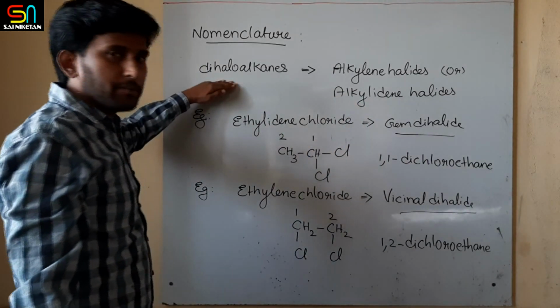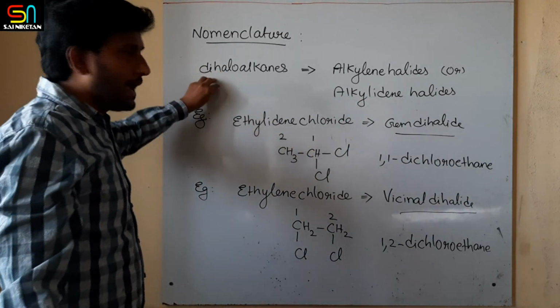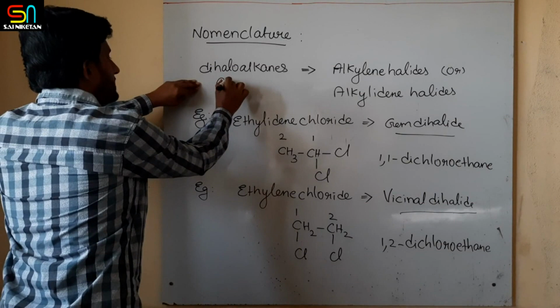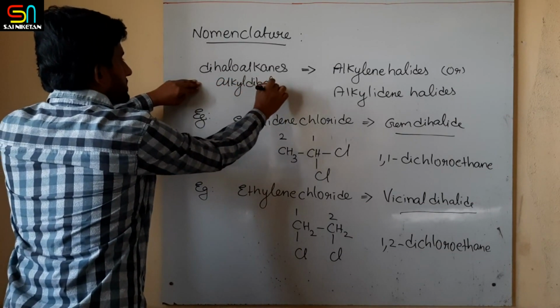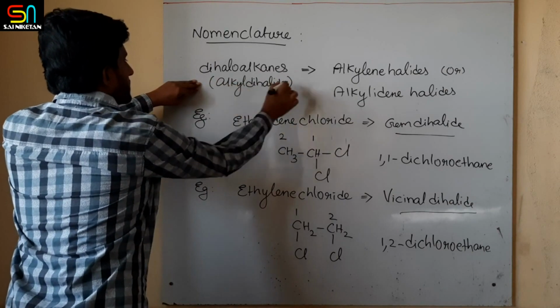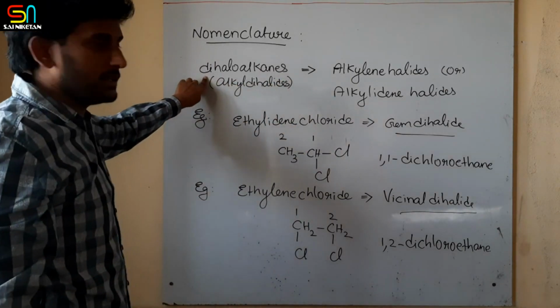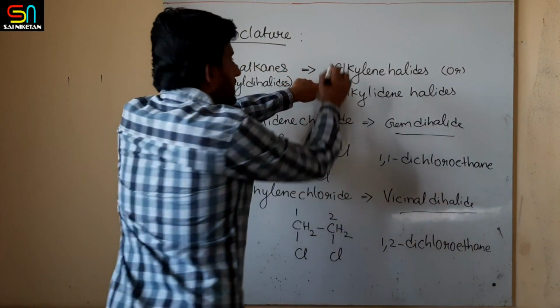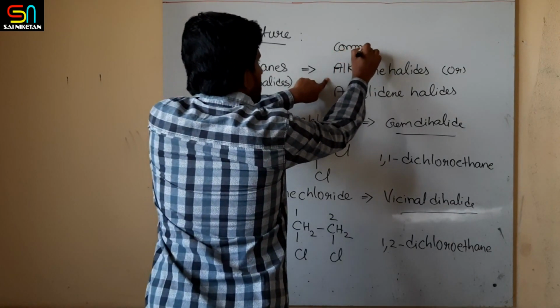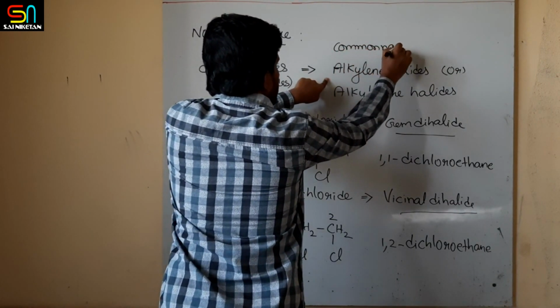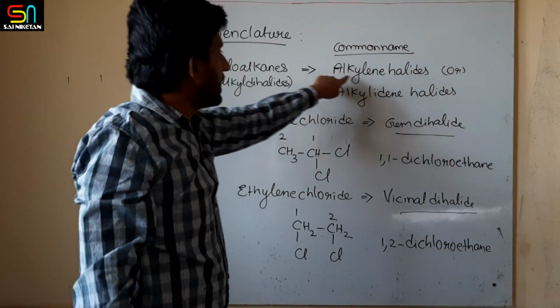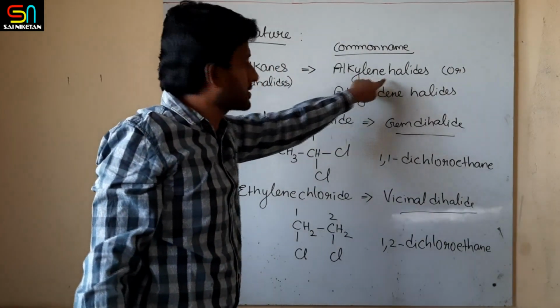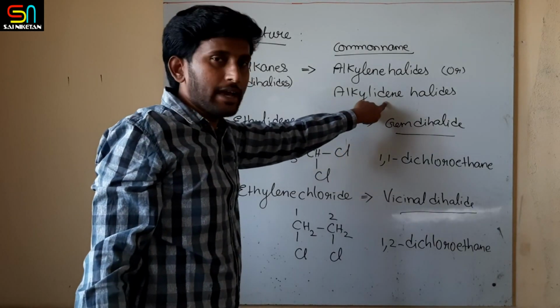So you should remember, alkyl dihalides, or as I said, dihaloalkanes, commonly have common names such as alkylene halides or alkylidene halides.